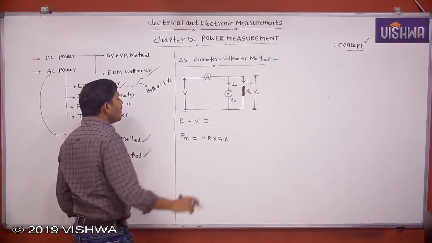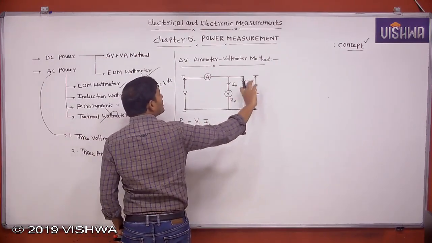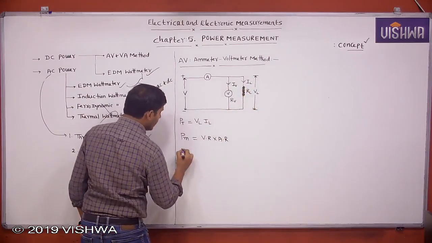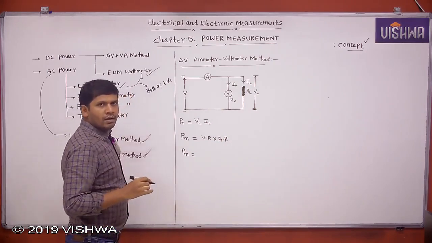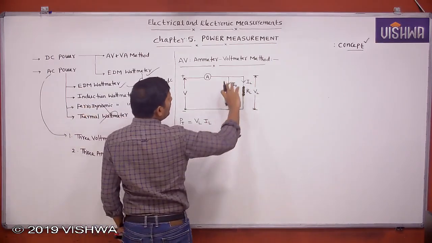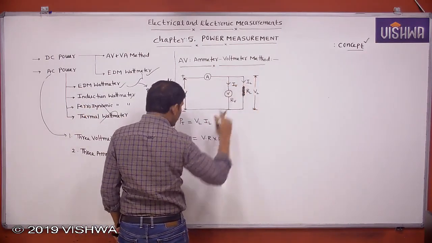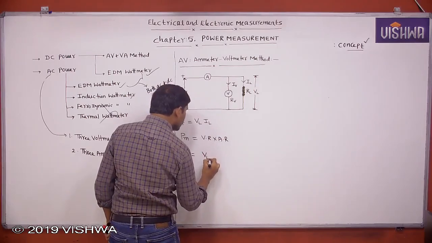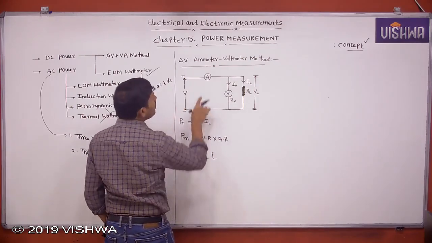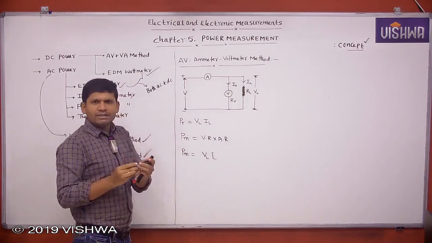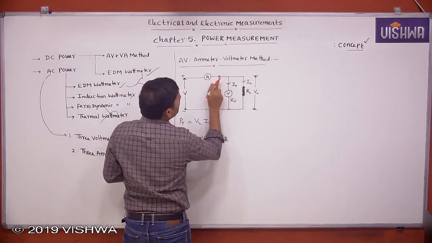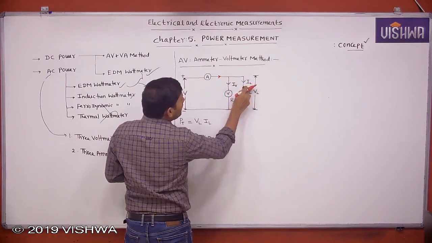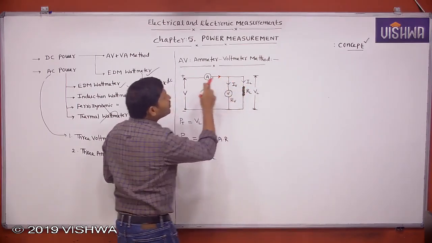True power is the actual voltage across the load into the actual current through the load. Now, the measured power: what does the voltmeter measure? The voltmeter is connected exactly across the load, so it measures VL. Now, what does the ammeter measure? The ammeter measures not only the load current, it also measures the current taken by the voltmeter.